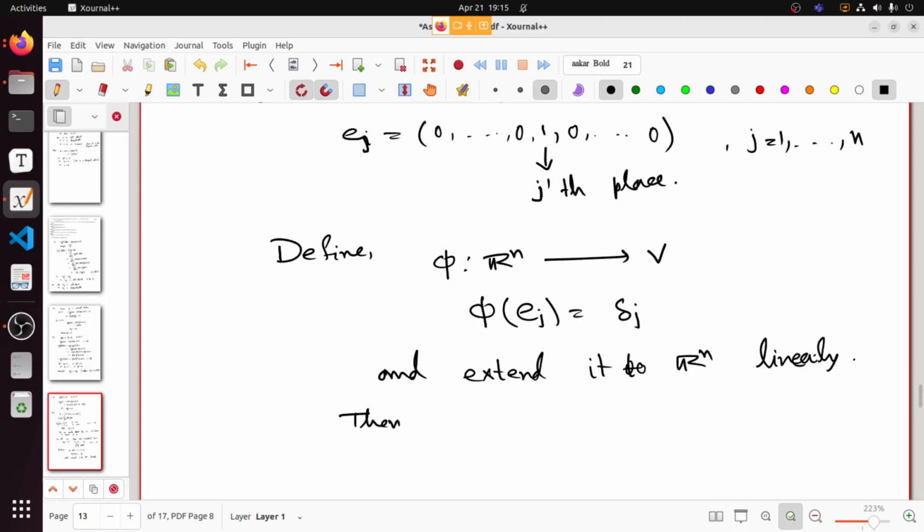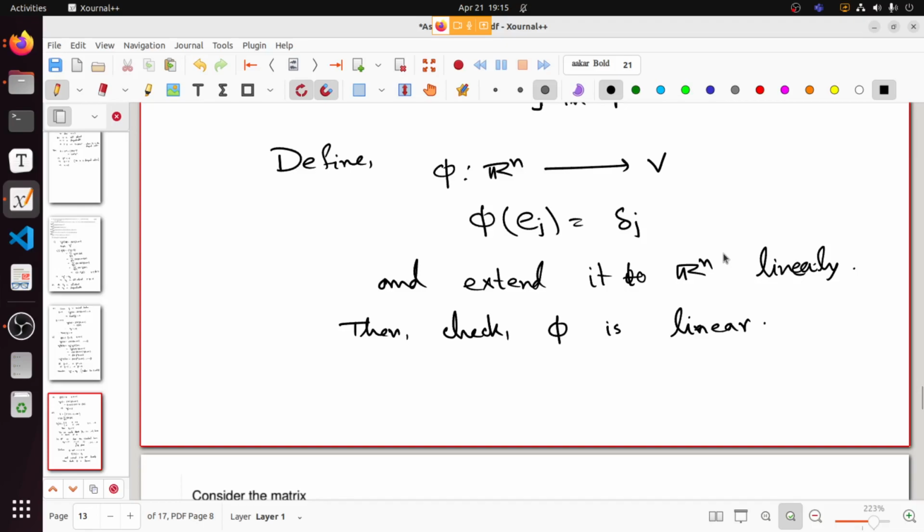Then you can check phi is linear, because that's how we have defined it, and also because this sends basis to basis, phi is one-one and onto.